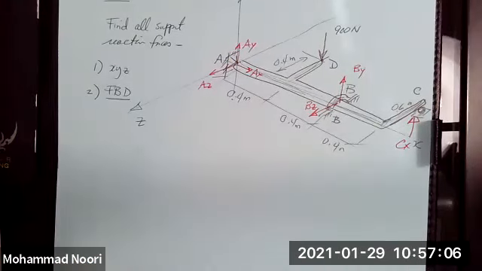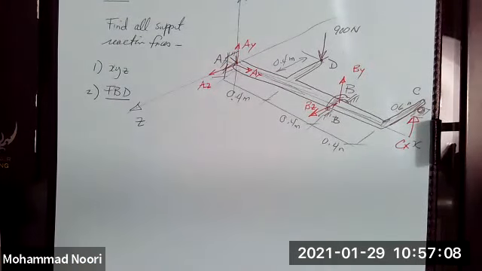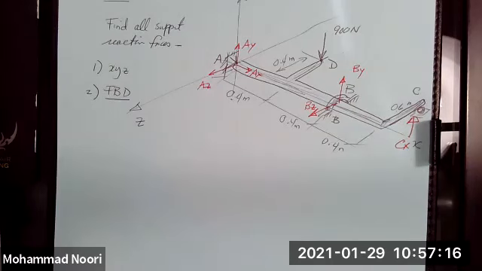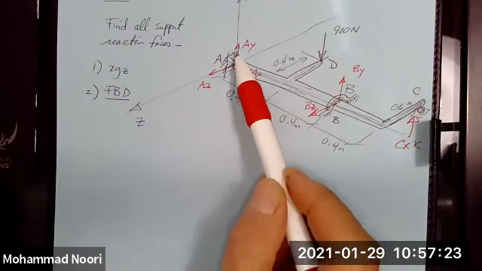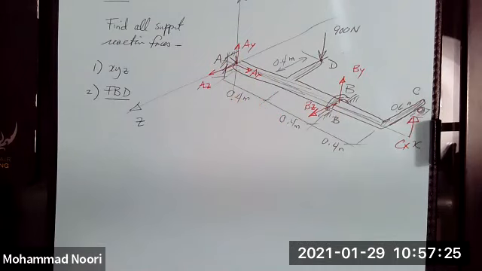A hinge means rotation is allowed in all directions, so there's no moment. But translational movement is prevented in those three directions. That means you have three unknowns, X, Y, and Z, three unknown forces. Is that clear as far as A goes? Yes.